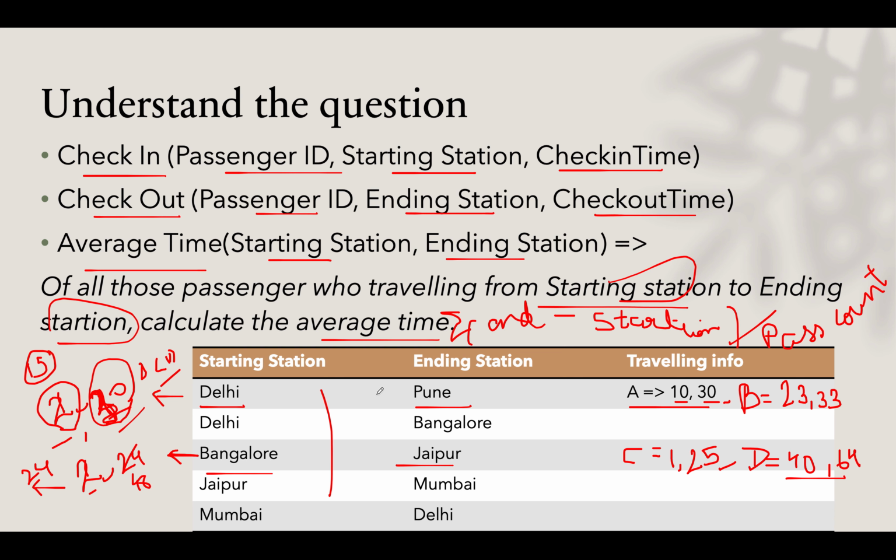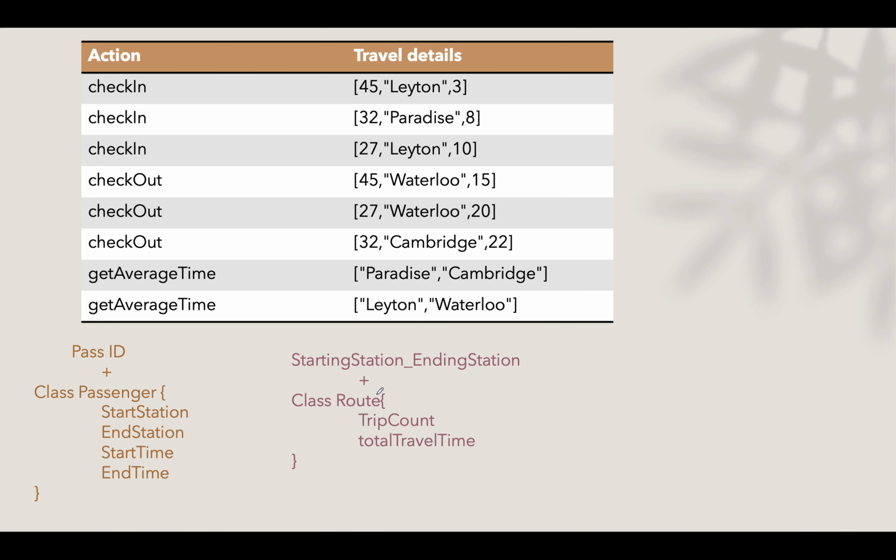So now let's move on to the actual problem. I'll rephrase the information that I gathered from the previous example. We want the starting station, the ending station, the trip count, the number of travelers who actually traveled, so let's call it trip count or traveler count, and the total travel time.